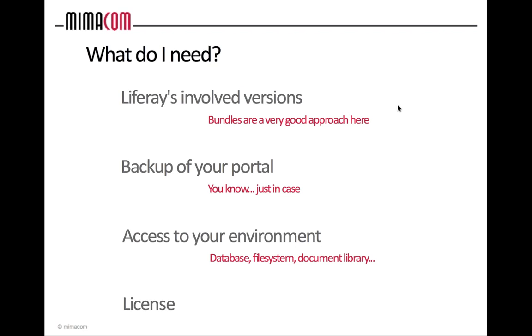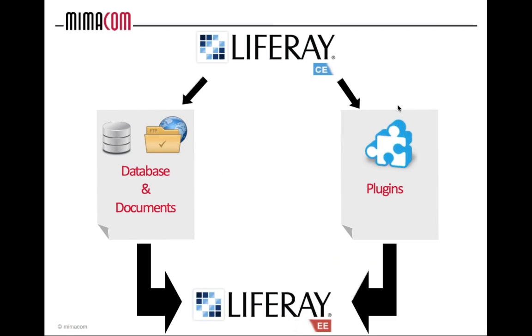So it's a really important thing to have the license for the Enterprise Edition. You know that you can try with a trial license, but this kind of license has some limitations, and we are not able to use it in a production environment.